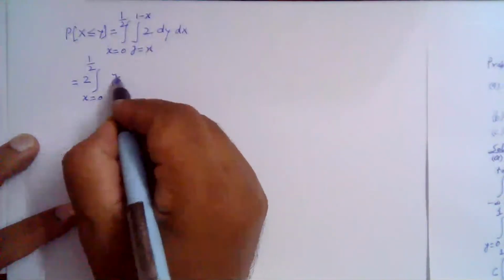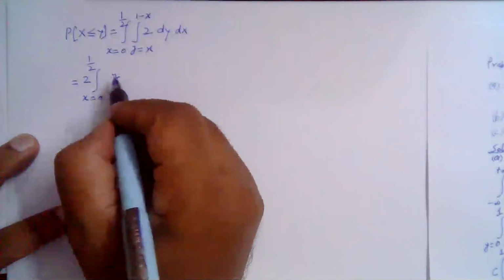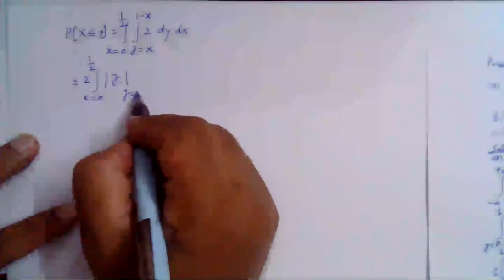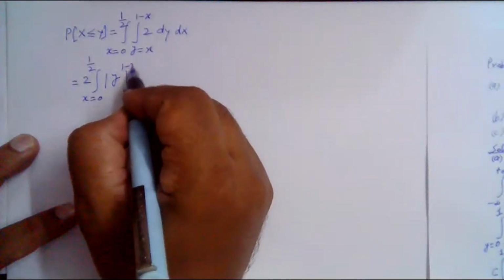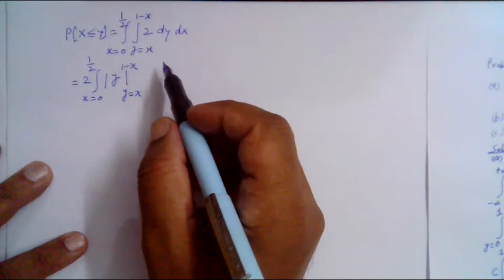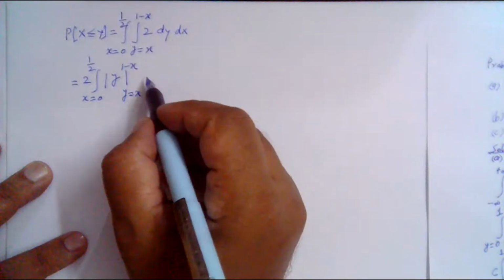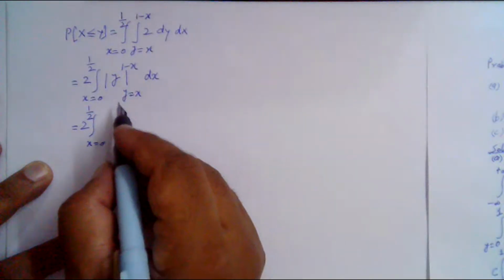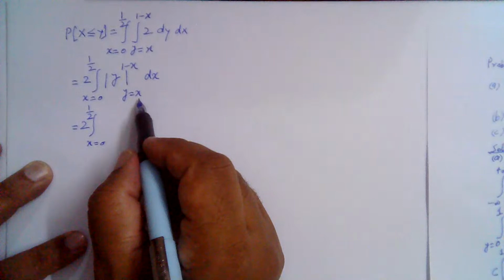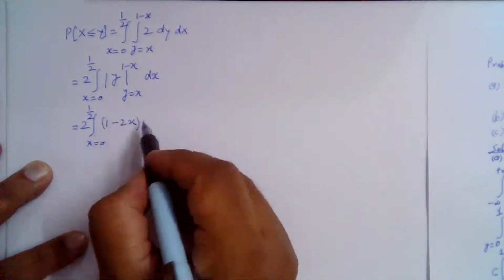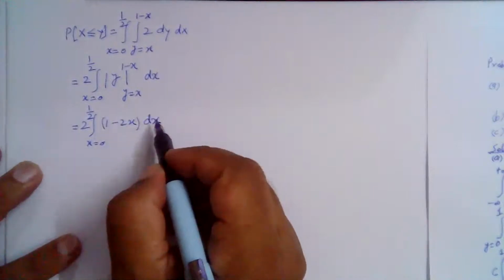So we get y by integration with respect to y, and the limits are y is equal to x and y is equal to 1 minus x here. And we are still left with integration with respect to x, and let's put the values 1 minus x and minus x. So that will be 1 minus 2x, and then we get a dx here.